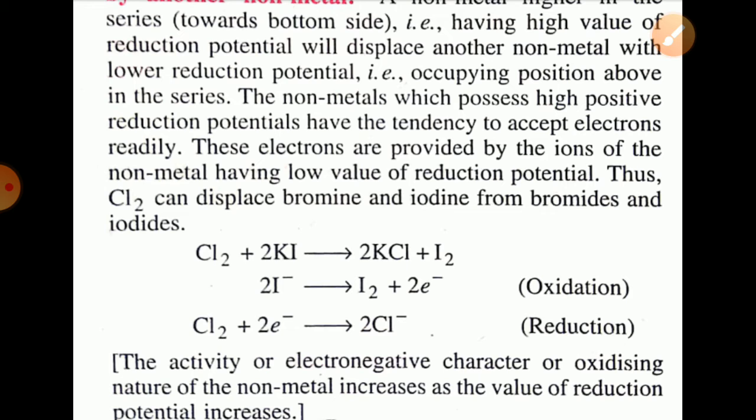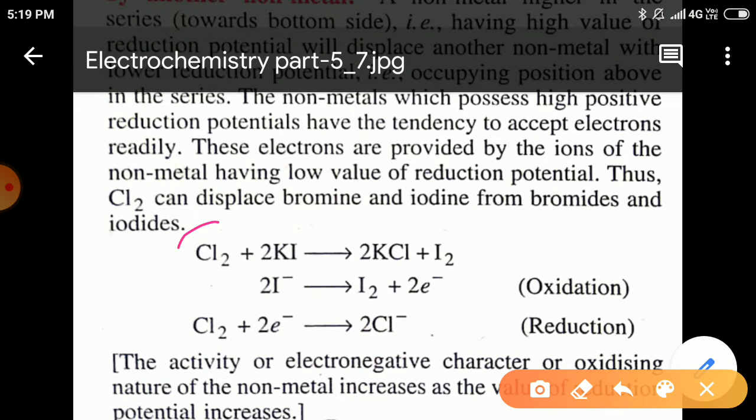In this reaction, the oxidation number of chlorine in the reactant is 0 and in the product is -1. So chlorine gets reduced, which means it works as an oxidizing agent. But in the reactant the oxidation number of iodine is -1 and in the product it is 0, so the process of oxidation with respect to iodine takes place in this reaction.